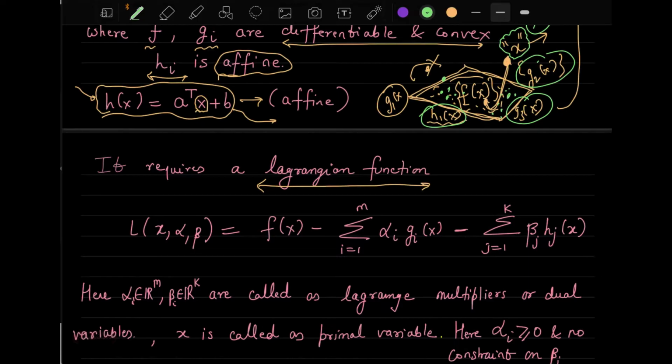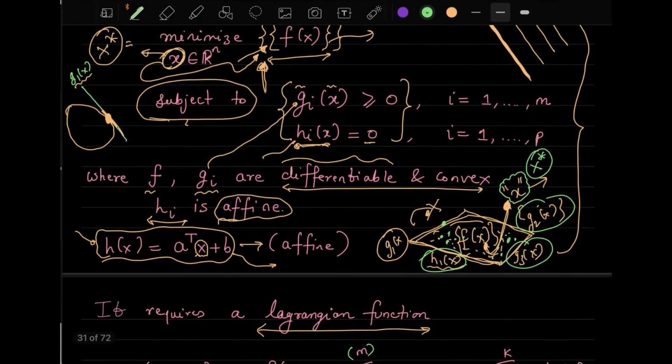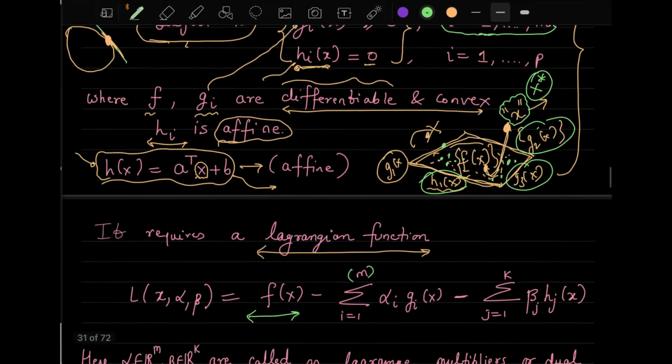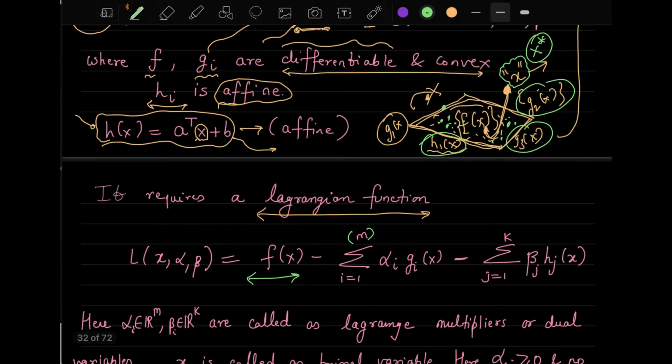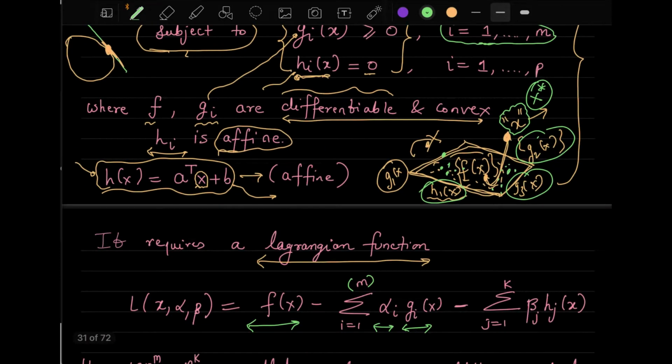What that says is you write fx here, then minus the summation with i running from 1 to m of alpha i gix, and then minus j running from 1 to p of beta j hjx. Rather it's not k here, it's p, because this is p here.